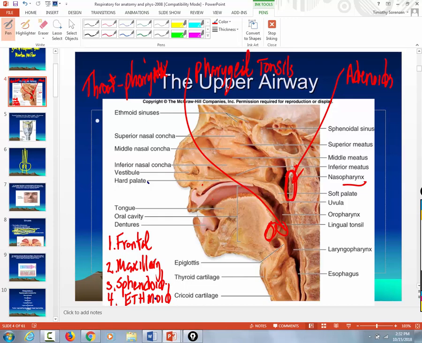Each one is paired, so you have a total of 8 sinuses, 4 pairs of sinuses. So here you have the sphenoid sinus, and then right here you have the 2 smaller ethmoid sinuses. Now, I know we're not on this yet, but I'm going to show you anyways.